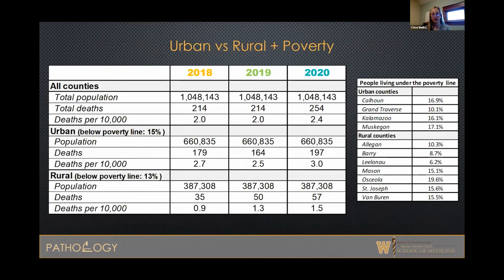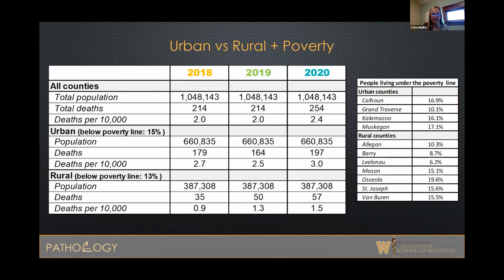And then to still illustrate the poverty piece a little further, I separated the urban and rural counties out, where there's about 2 to 2.5 deaths per 2,000 in all the counties combined. And then in the rural counties, there's 1.5 deaths per 2,000, which is doubled in the urban population at 3 per 10,000 in 2020.